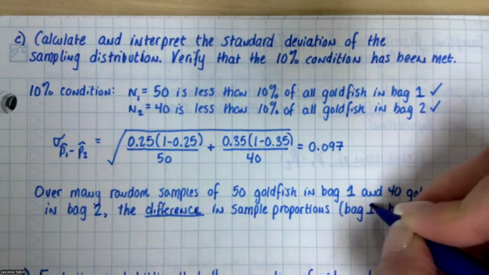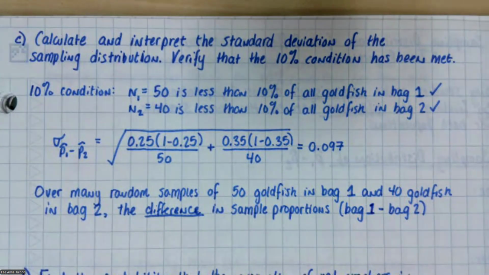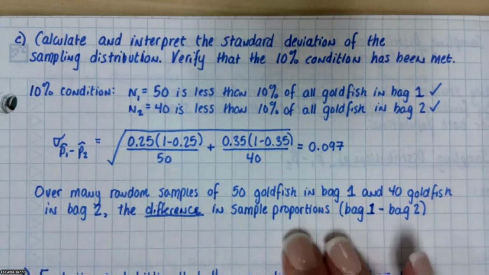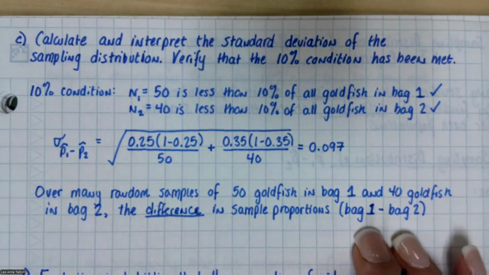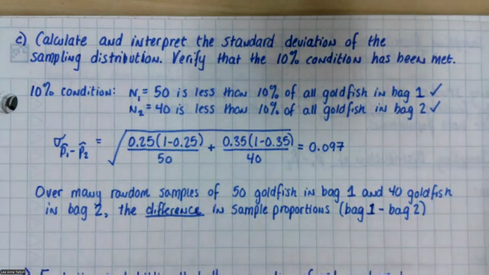Okay, and here's the other annoying thing about differences. You have to say which way you subtracted. Because you could subtract bag one minus bag two, or you could do bag two minus bag one. So you have to specify.